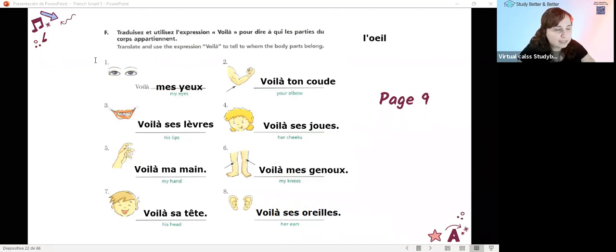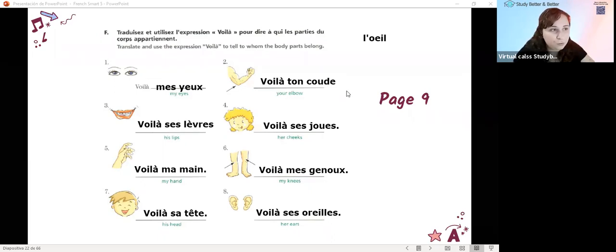Okay, so let's check every specific case. We're just adding the word voilà to say "here it is," when we want to point out something. We have voilà mes yeux, because it's my eyes, the object is plural.